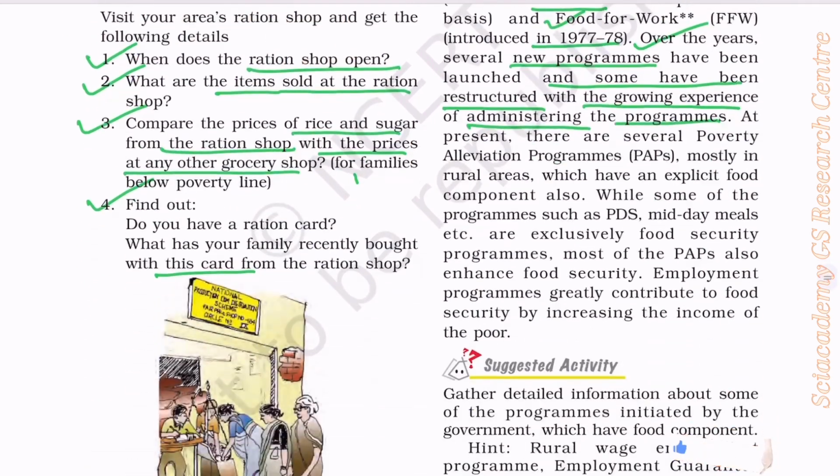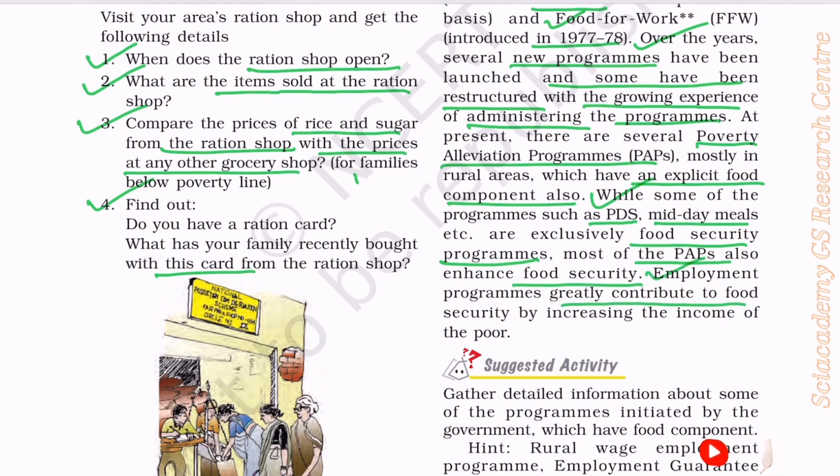At present, there are several poverty alleviation programs (PAPs) mostly in rural areas which have an explicit food component also, while some of the programs such as PDS, midday meals, etc., are exclusively food security programs. Most of the PAPs also enhance food security. Employment programs greatly contribute to food security by increasing the income of the poor.